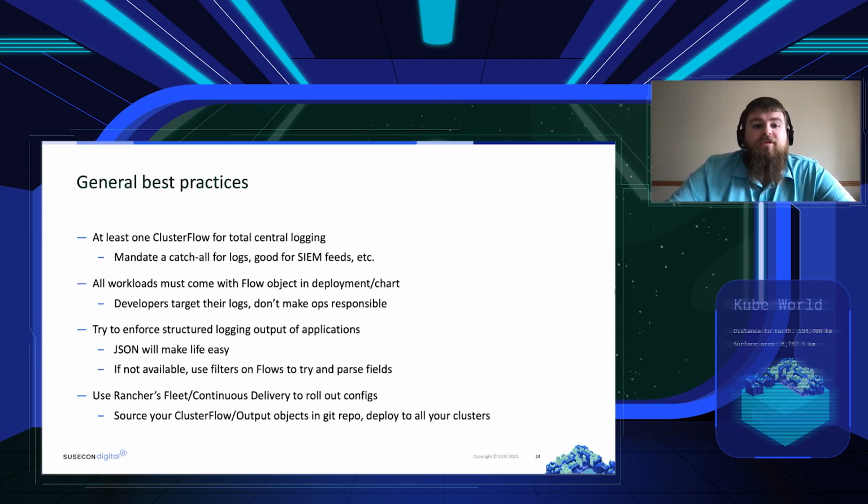This ties in well with the first example in our best practices of having a cluster flow and output available in every Kubernetes cluster. When you source these resources in a central Git repository, you can control their versioning, their rollout, and quickly make changes as needed to your entire fleet of Kubernetes clusters without having to go cluster by cluster.